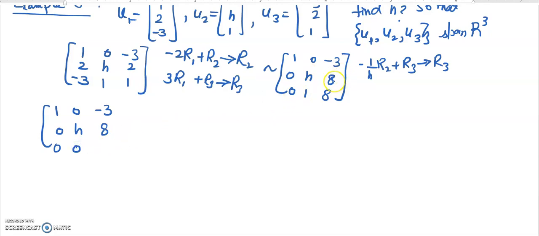So now it will be minus 8 over h, and then plus 8.